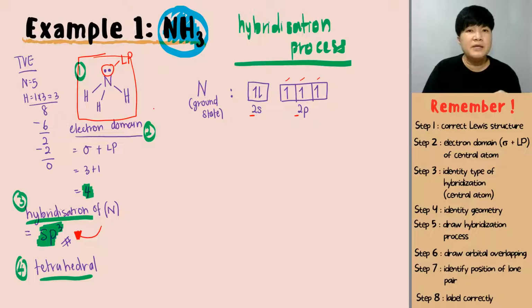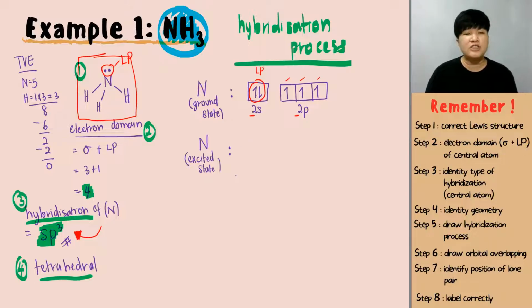The lone pair means you have a paired-up electron already. Can you see the paired electron over here? We are not going to break the paired electron because that will become my lone pair. In other words, for this case, your nitrogen excited state will have no changes. And guys, even though there are no changes, you still need to draw your excited state.